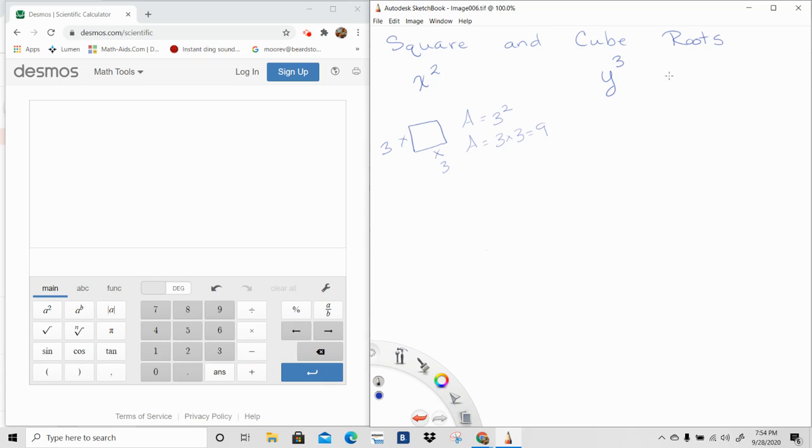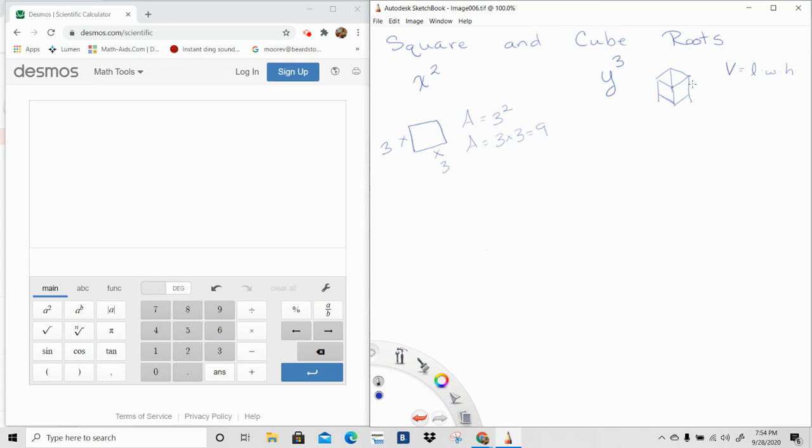Now, cube roots are talking about cubes, which are basically our 3D version of squares, right? It's a three-dimensional square. It's a block. When you talk about the volume of something that's square or rectangular, it's the length times the width times the height.